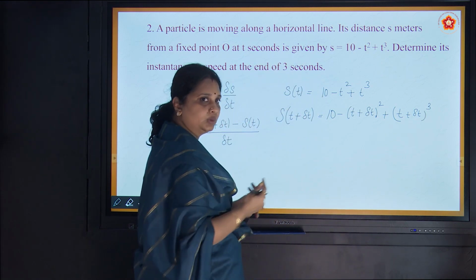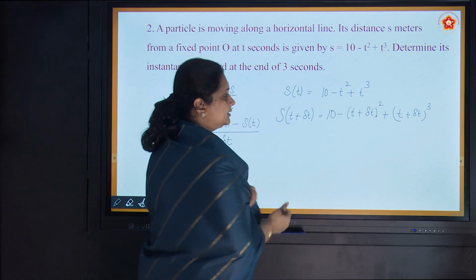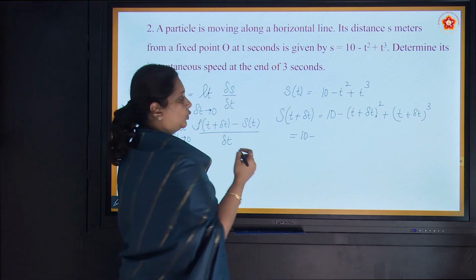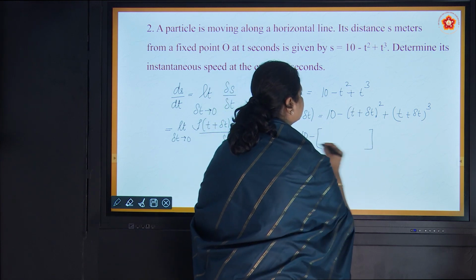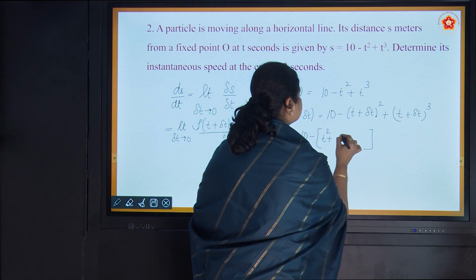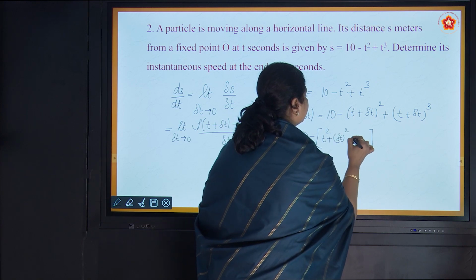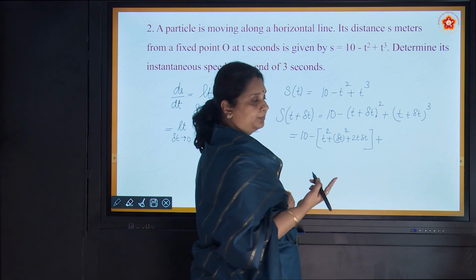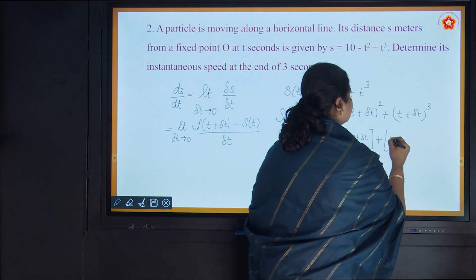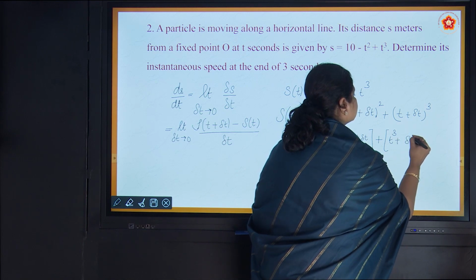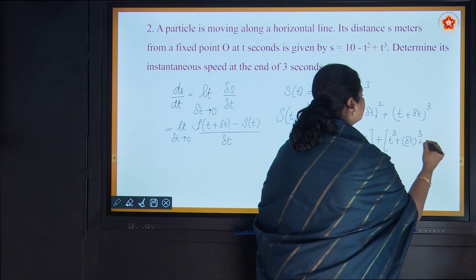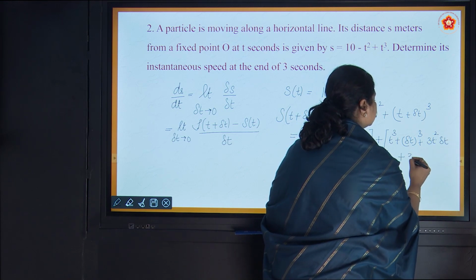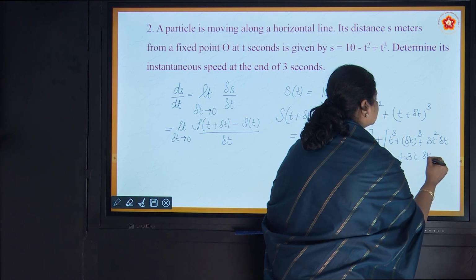Let me simplify it here only before I replace because it becomes easier. So let me find the value of this. This is 10 minus, this is a plus b the whole square. Let me put it in the brackets because there is a negative sign outside. So t plus delta t the whole square is t square plus delta t square plus 2t delta t. Then this is the whole cube, a plus b the whole cube, that is nothing but a cube plus b cube plus 3a square b plus 3ab square.